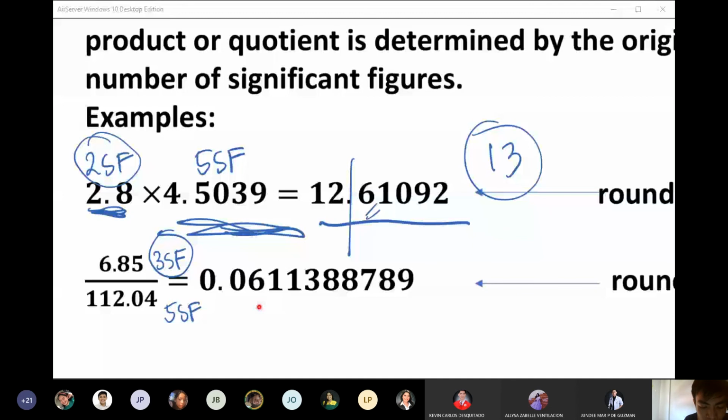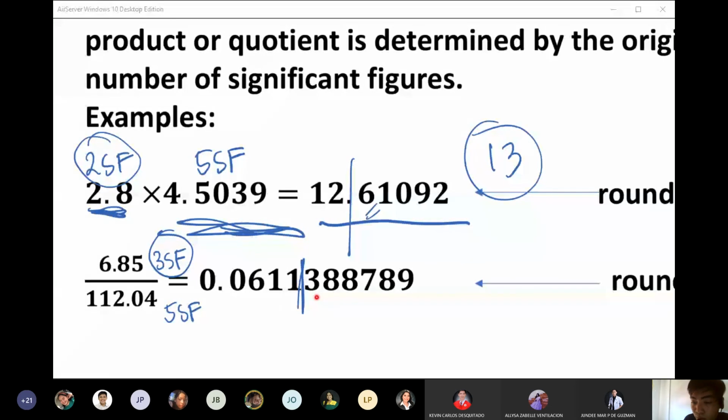It's easy. This is not significant, so we skip. This is not significant as well because it is a leading 0. This one is significant, so we begin counting here. So 6 is the first significant figure, second significant figure, and the third significant figure. So we end here.